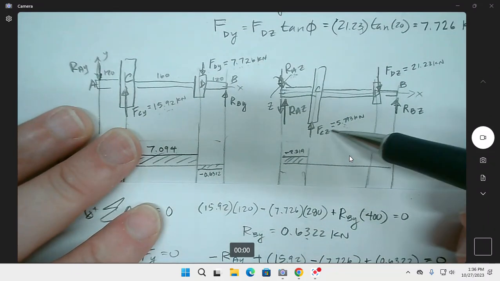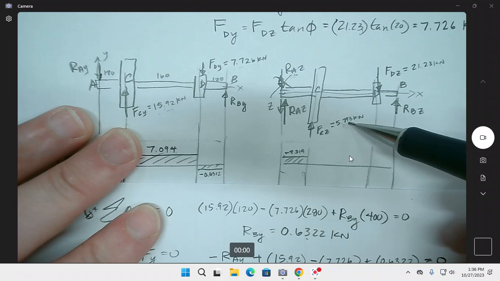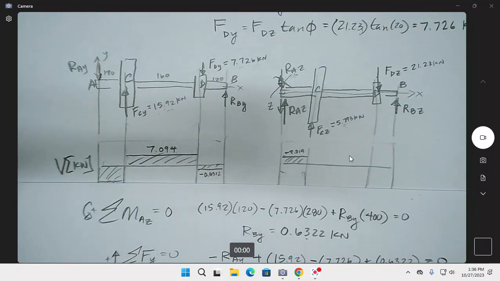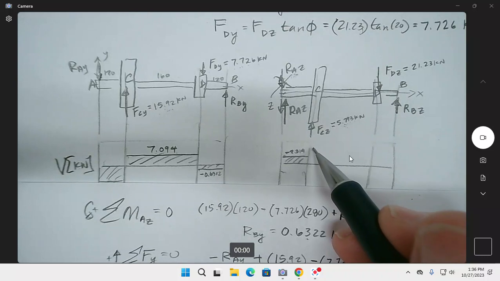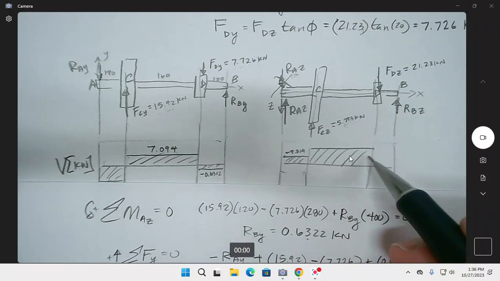And then this thing goes up, so it's actually adding to it 5.793, or subtracting from that, if you think of it as being a negative number.